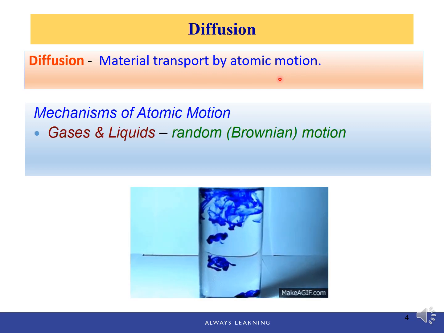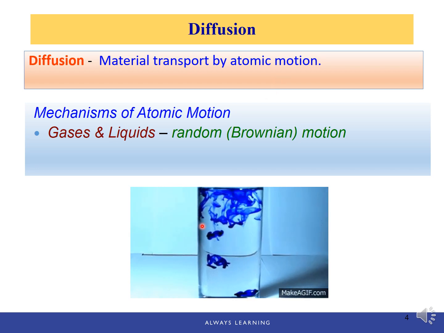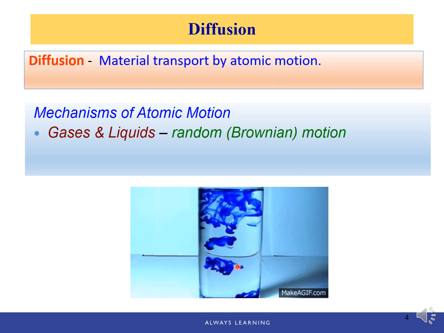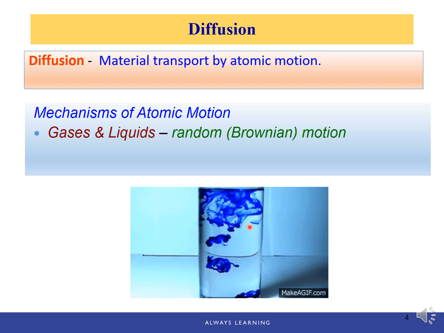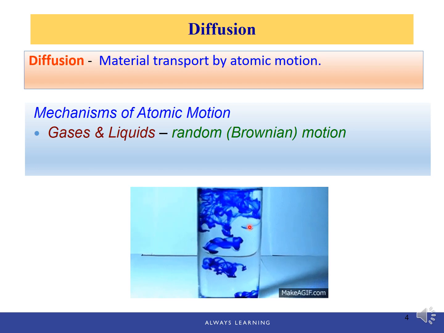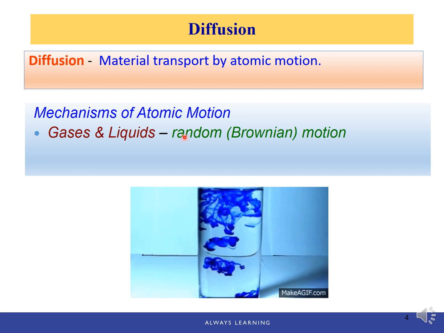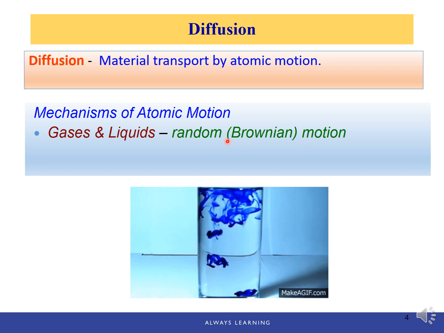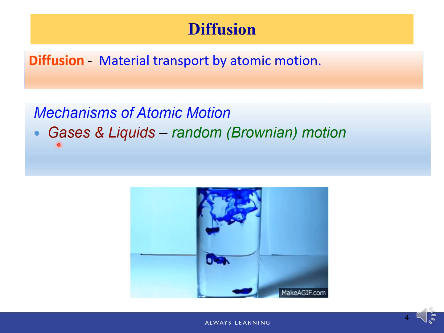In gas and liquids, we all have this kind of experience, right? When you drop a drop of ink or food dye into water, it will spread all over the water after a period of time. This is caused by the random motion of atoms, termed Brownian motion. Same idea for gas.